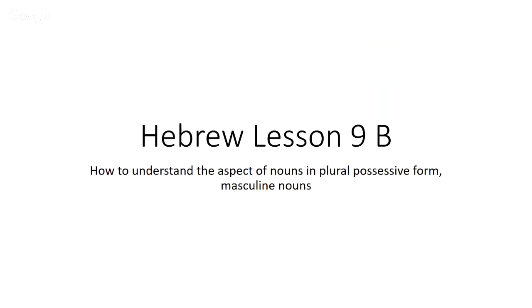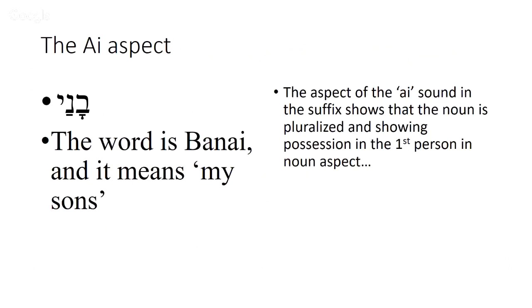Hebrew lesson 9b: how to understand the aspect of nouns in plural possessive form, masculine nouns. Going on to the next slide. Now, what we're looking at right here is the I aspect.